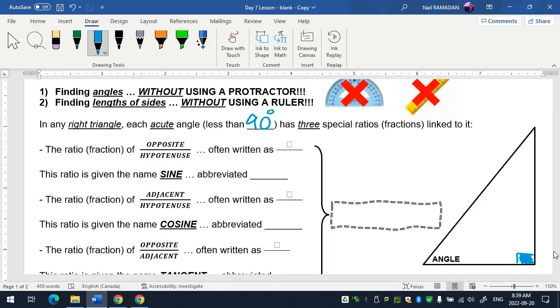By the way, sometimes you have complete freedom to choose this one or this one, which means you choose. Sometimes I tell you which one to use, okay? It's 50-50. Half the time I tell you which one to choose, half the time you choose. So today, let's actually focus on this one. I want you just to circle it a little bit. Don't make a big circle. Just circle the word angle.